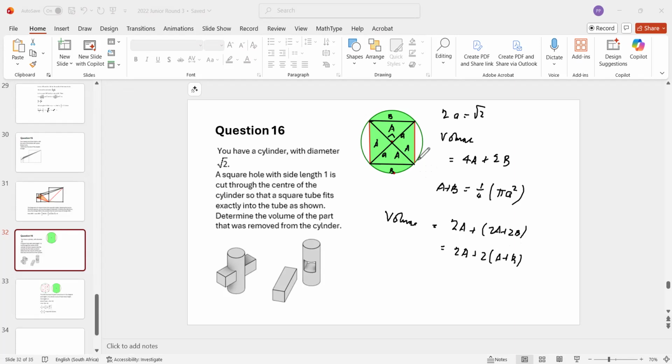Now what is 2a? Now 2a is just half the area of the square. And this is a plus a. And the area of the square is a squared. No. The area of the square is, or let's call it b.